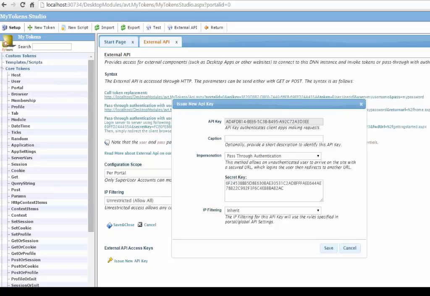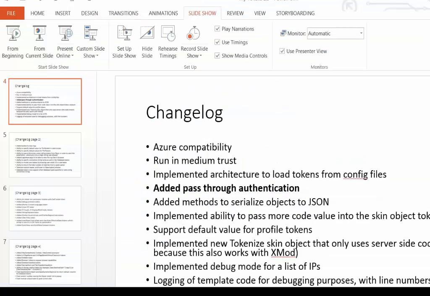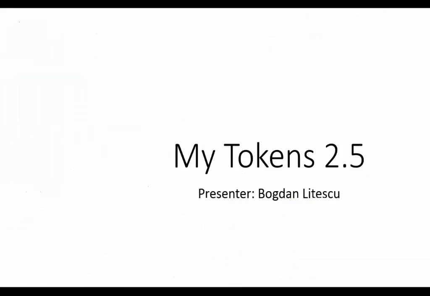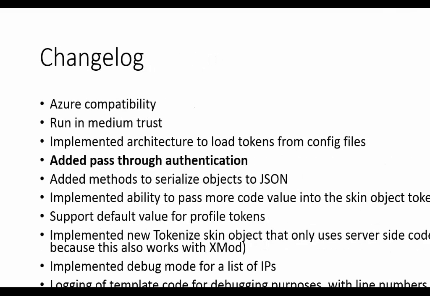And then you would have to pass this secret key to the other server, and the other server can exchange it for another token. Actually, it will exchange it for a URL that, when redirected to that URL, a user will be automatically logged in. So, like I said, I will go through that in a separate video because it's quite complex.